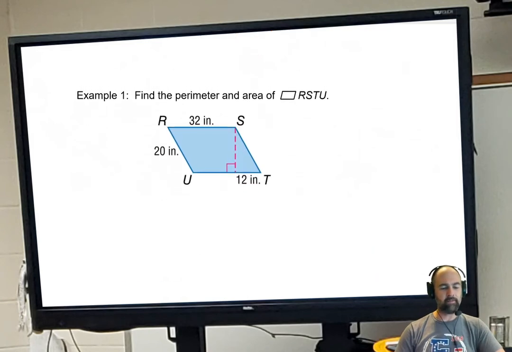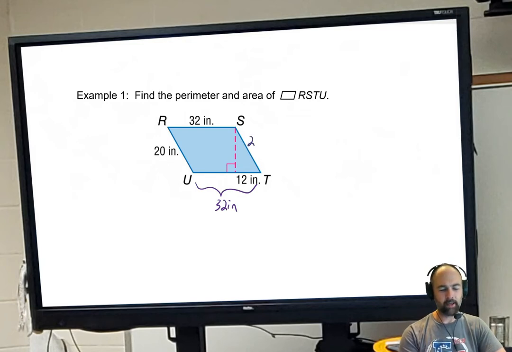All right, let's go ahead and find the perimeter and the area of parallelogram RSTU. Let's do the perimeter first. Remember, perimeter is the distance around the outside of a shape, all of the edges. Each opposite side is congruent. So here, UT is also going to be 32 inches because it's going to match RS.